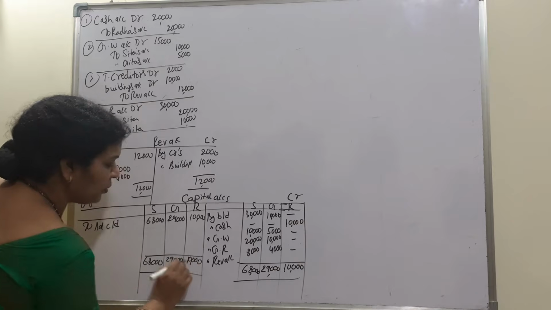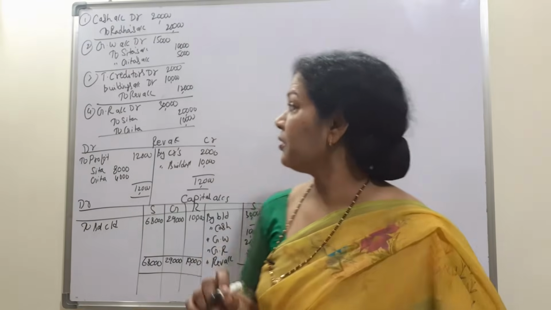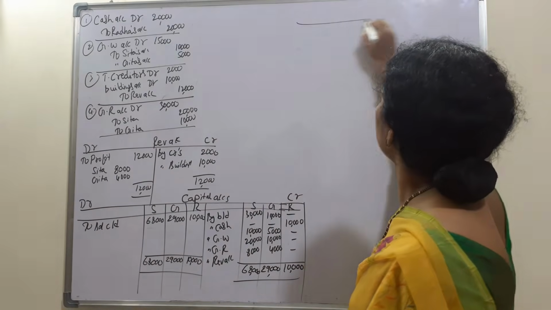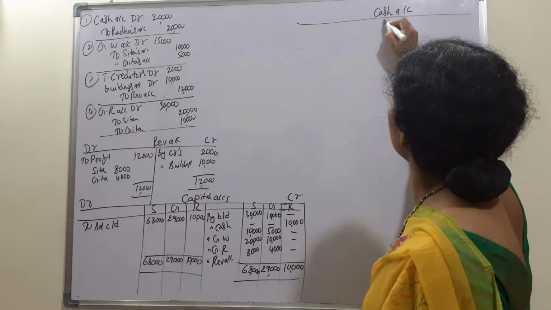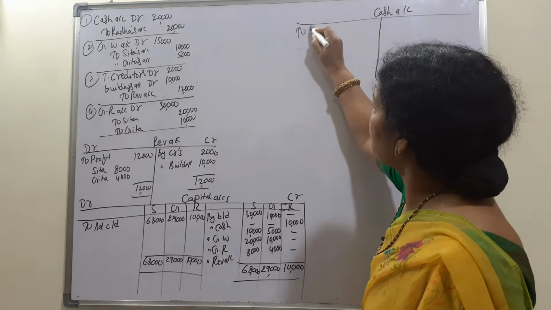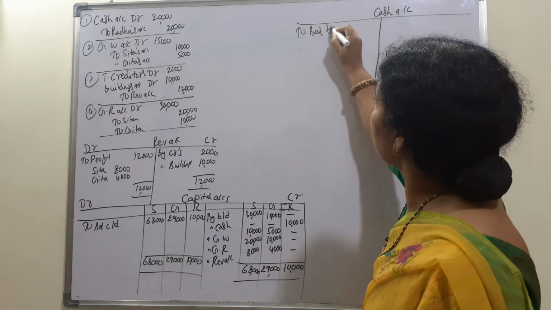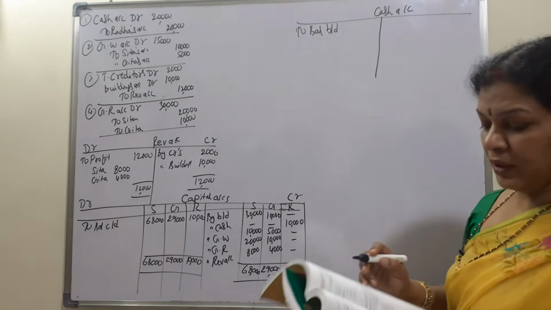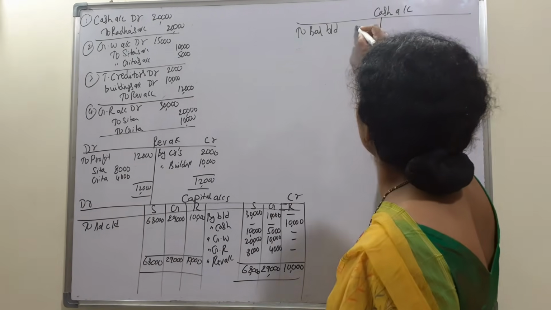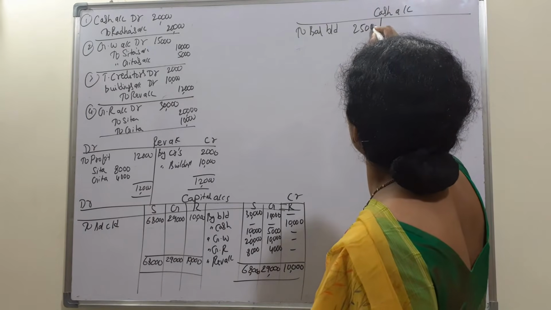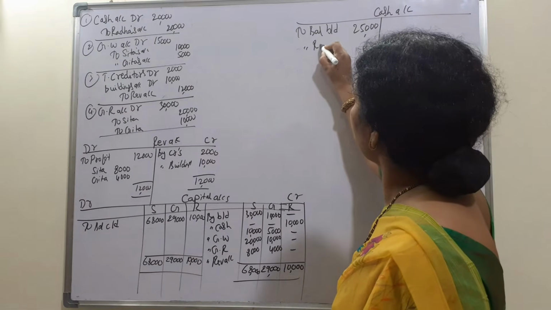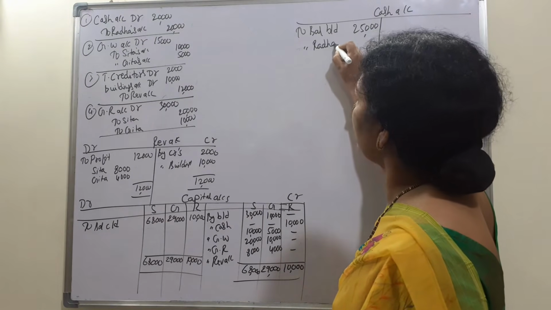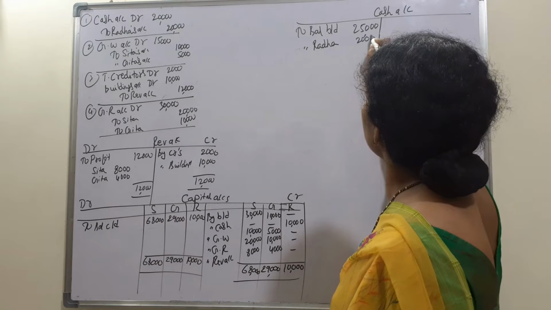After this, we'll open the cash account. First, opening cash, to balance brought down. How much is opening cash? 25,000. Apart from that, from the journal entries, the first one, Radha brought 20,000.